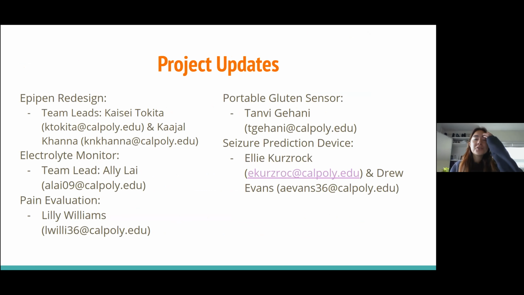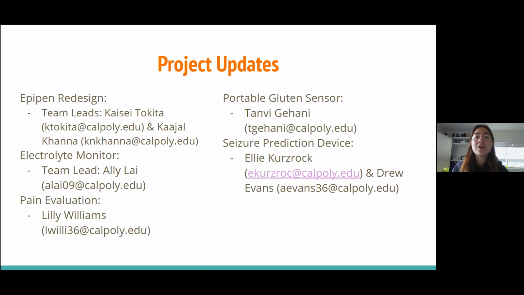Okay. So moving on to projects, we had a lot of really great progress last quarter. Just to give a brief rundown, we have the EpiPen redesign, which is designing a needleless way to inject epinephrine for people going into anaphylactic shock. We have the electrolyte monitor project, which is a wearable device to detect your electrolyte levels.